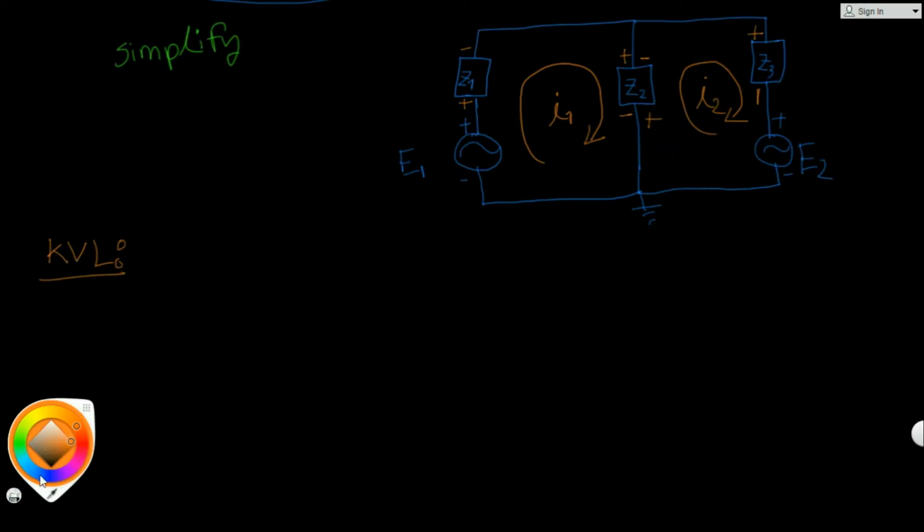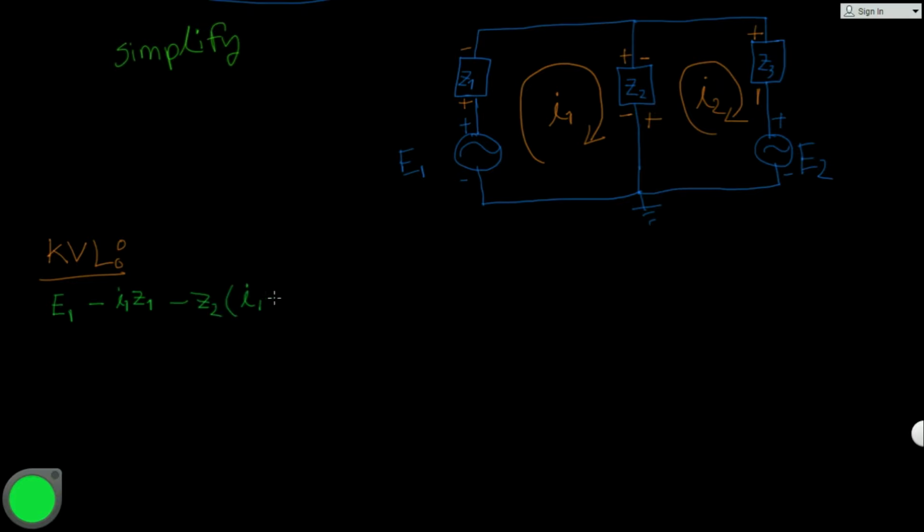So the KVL rule, we have to apply KVL rule to the loops. For loop 1, E1 minus I1 Z1 minus Z2 into I1 minus I2 equal to 0.